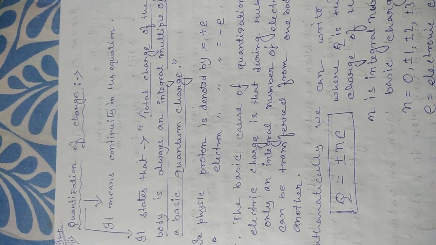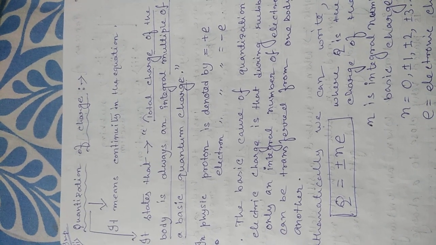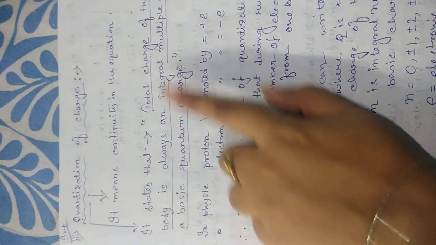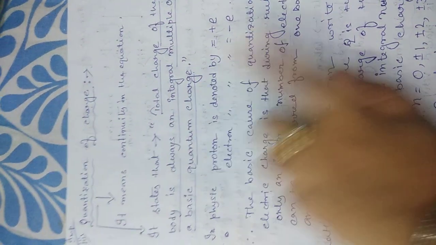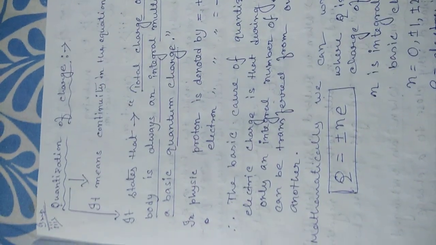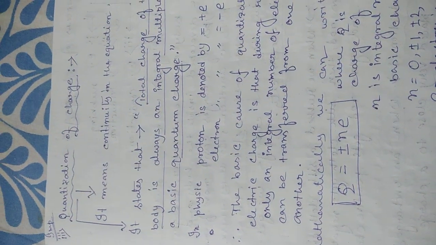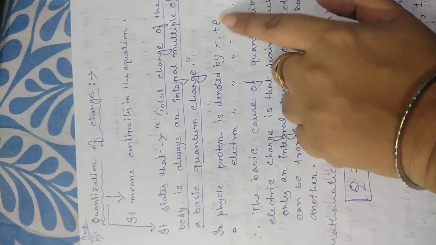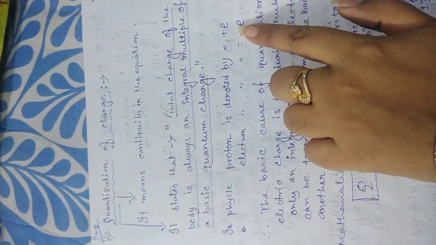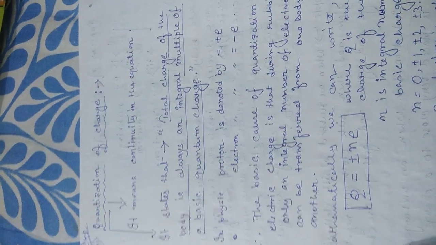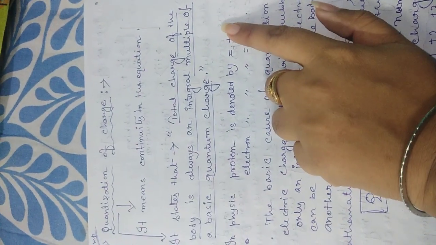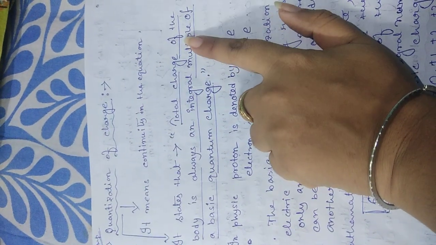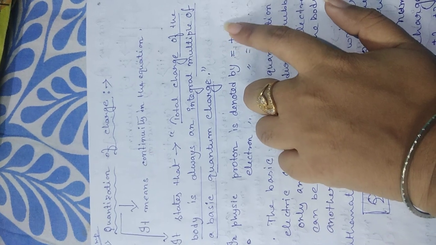The total charge of a body is always an integral multiple of a basic quantum charge, or in place of basic quantum charge you can write the basic electronic charge e, because proton and electron are both denoted by e. Proton is denoted by plus e, electron is denoted by minus e. So the basic charge is e. If proton, then positive; if electron, then negative. So an integral multiple of the electronic charge e.